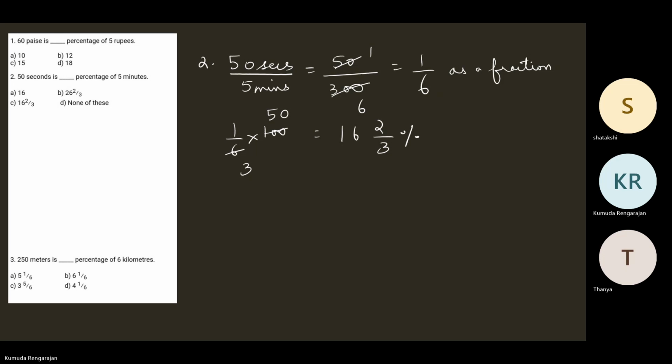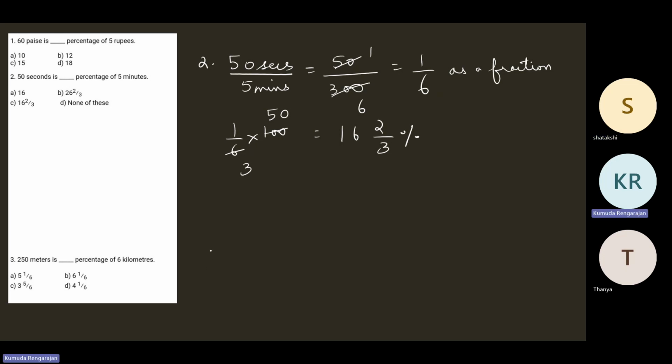Yes, ma'am. Okay. It's okay because the first one is wrong. Most probably you would have gone wrong with the second one also. Don't worry, Satakshi. Now you have understood, right? Ma'am, I got the second one right. I just multiplied 50 by 100 by 300.